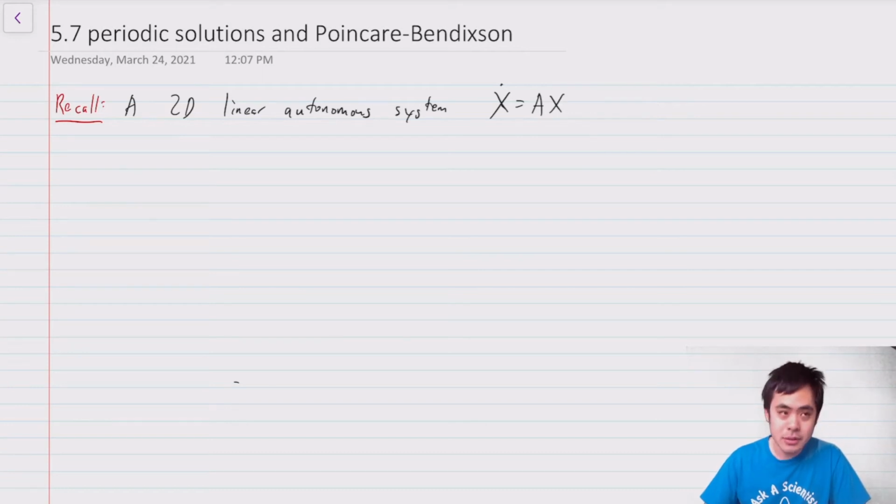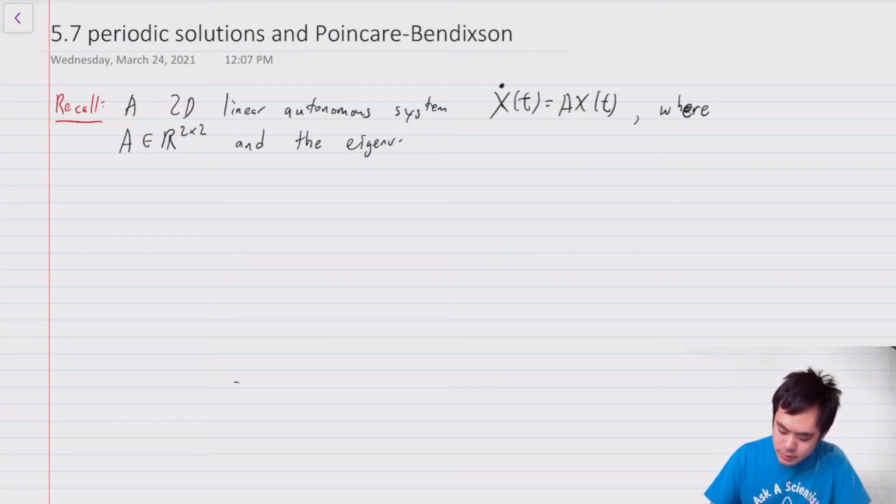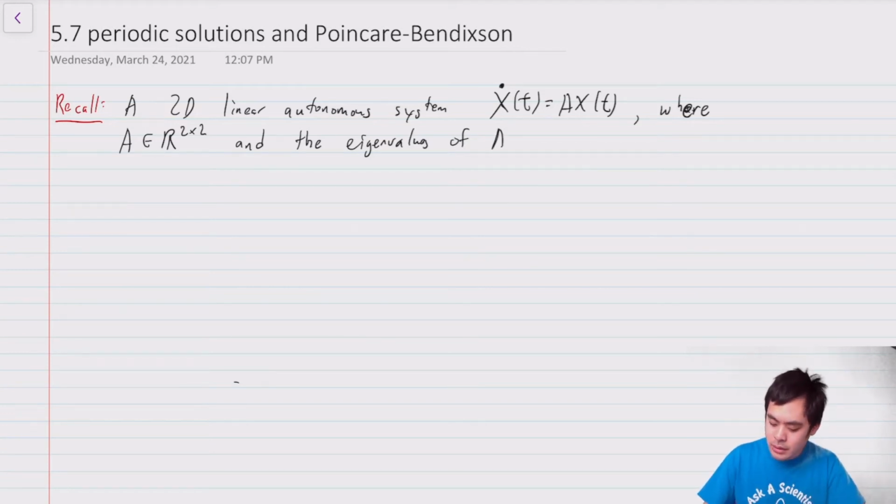Let me be explicit about that: x dot of t is equal to Ax of t, where A is a 2x2 real matrix, and the eigenvalues of A are purely imaginary.